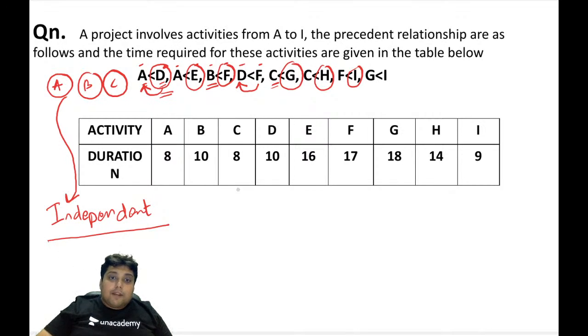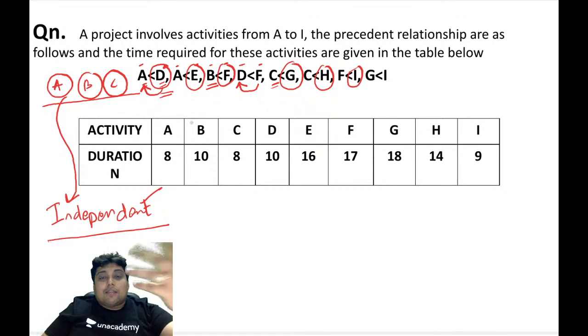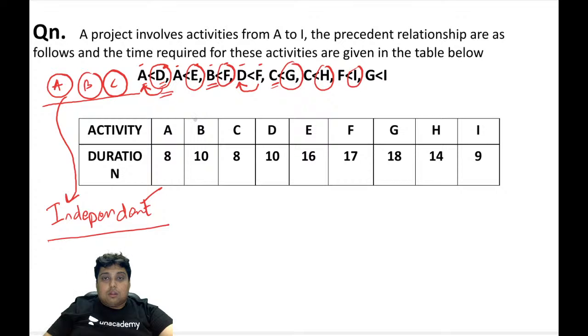So first we have found that A, B, C are independent activities, they do not depend on anyone, and when we start the project, these activities are the first that we will target, and therefore I will rank them 1. Activity A, B, and C have first rank.